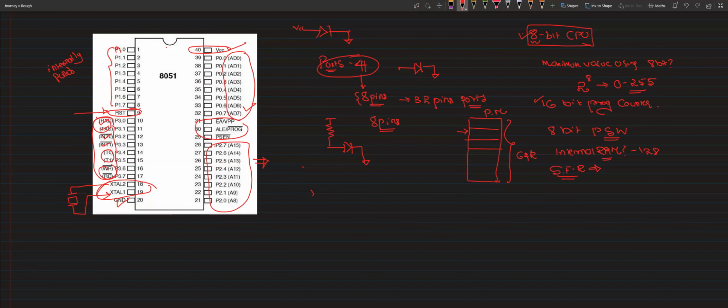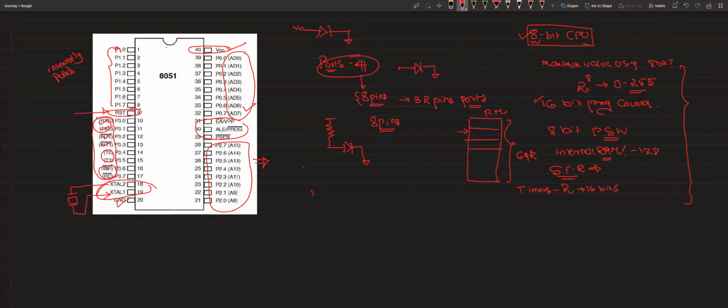And how many timers do we have? We have 2 timers, each of 16 bits. These are the features, okay? Whatever I am mentioning are the features of the 8051. They will ask you what the different features of the 8051 are. That is also one of the important questions.